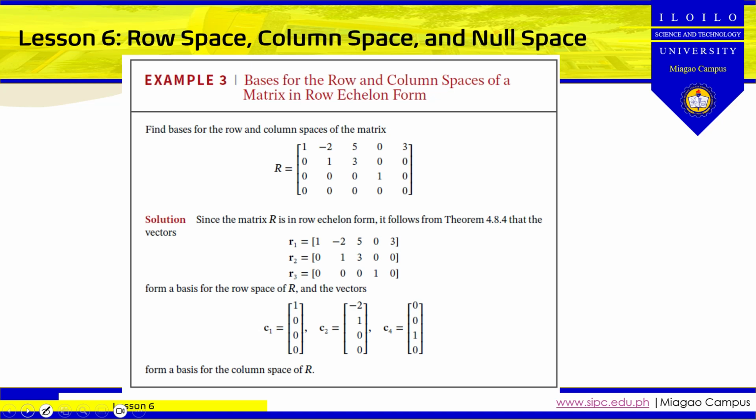So this particular column forms a basis for the column space of this matrix R, because I think this is because of the leading ones. If you will look closely at the matrices.